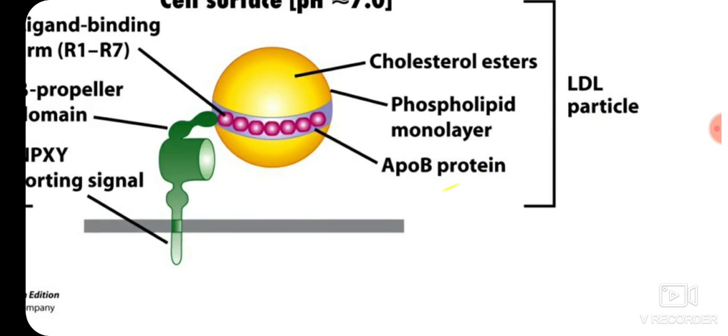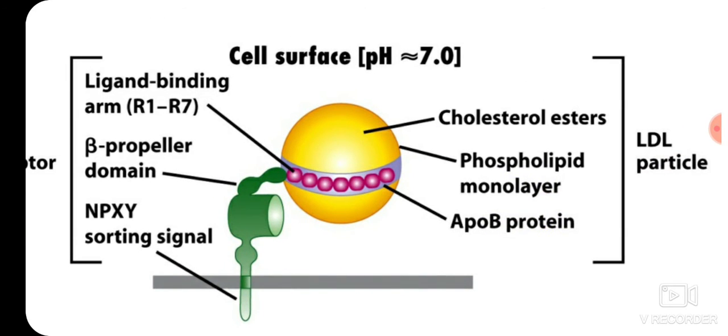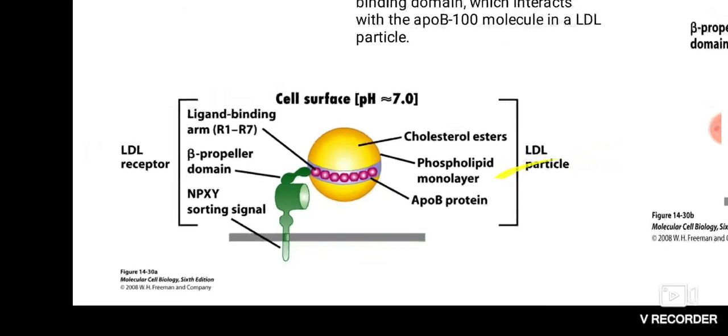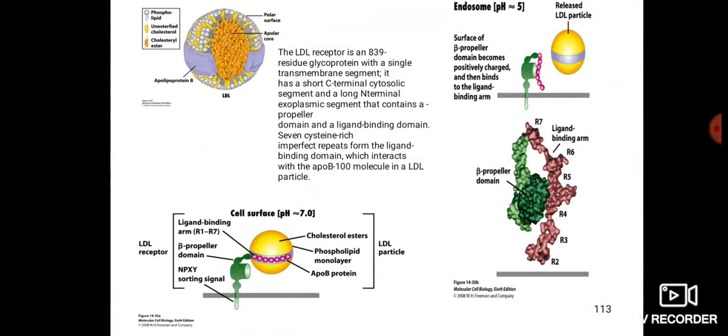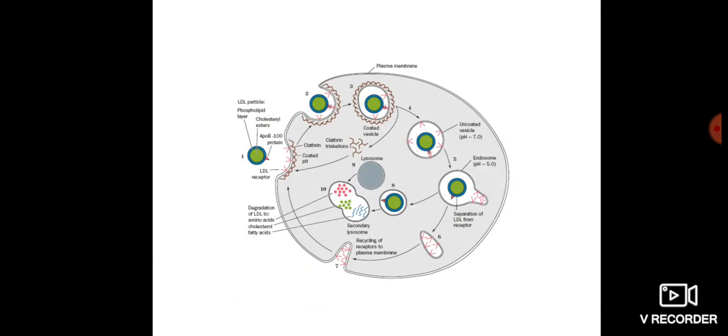So you can see here the interaction, how it happens at the cell surface. This is how this particular protein binds, and there will be an NPXY sorting signal at the cytosolic side, and this NPXY sorting signal is recognized by the adapter protein molecule, which results in the formation of coated vesicles.